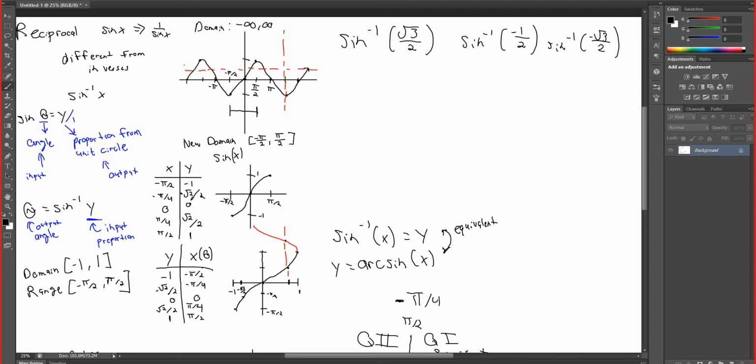So on the unit circle, which angle goes with root 3 over 2 in quadrant 1 or 4? 60 degrees. Which is? Pi over 3. And then what angle goes with negative a half?